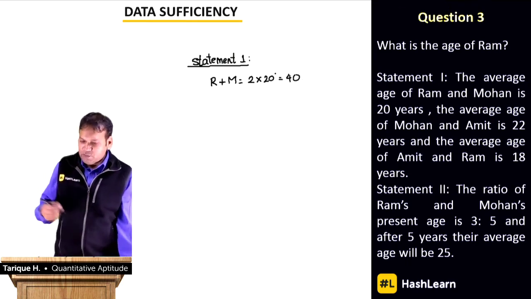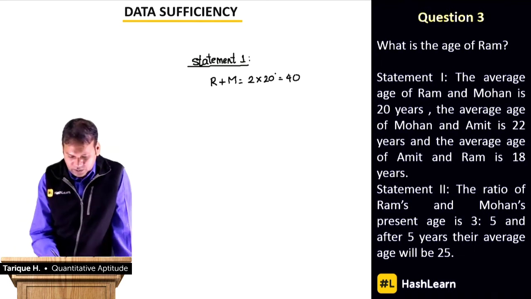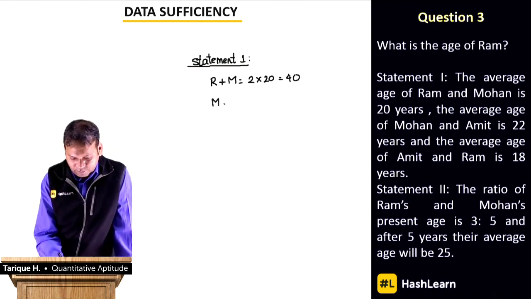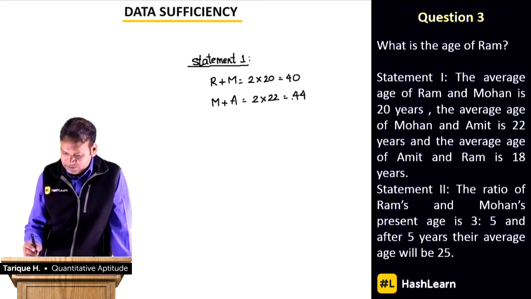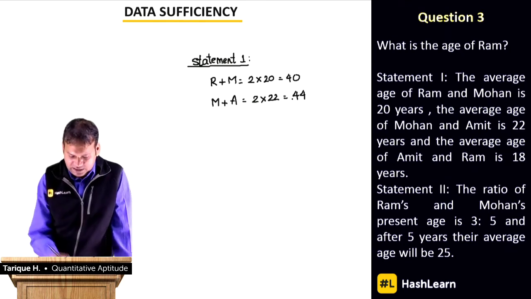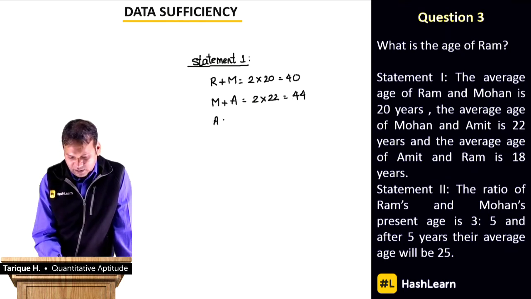The average age of Mohan and Amit is 22. Then the total age of Mohan and Amit will be 2 into 22, which is equal to 44. And the average age of Amit and Ram is 18. So the total age will be 2 into 18, 36.